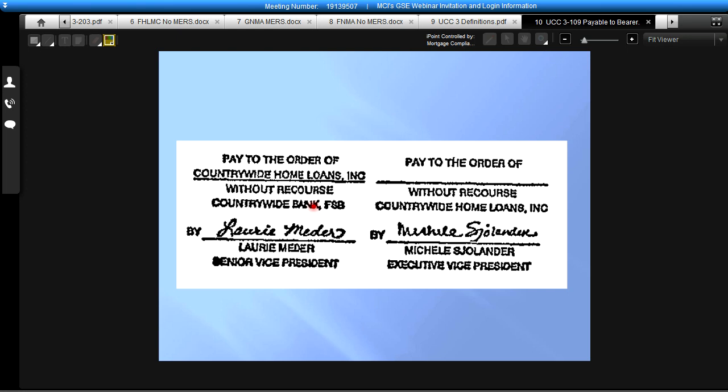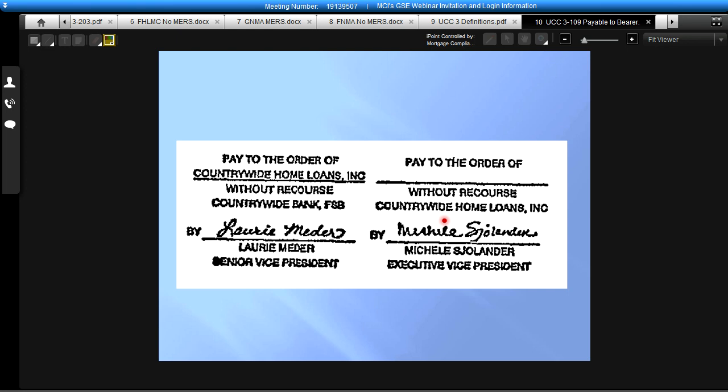The instructions preceding the signature state, pay to the order of, oops, wait a minute, there's an unnamed payee line. Without recourse is underneath. So pay to the order of, we're waiting for the unnamed payee.